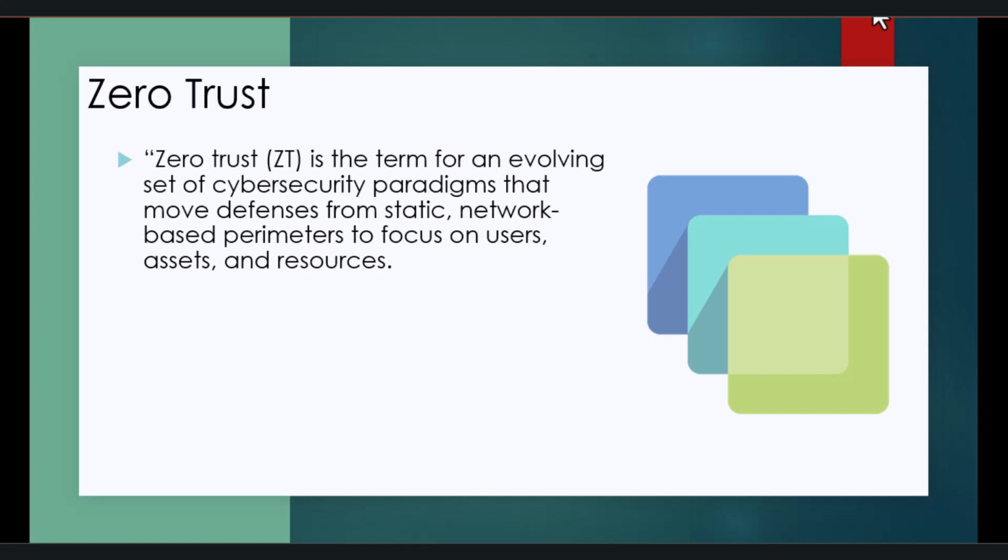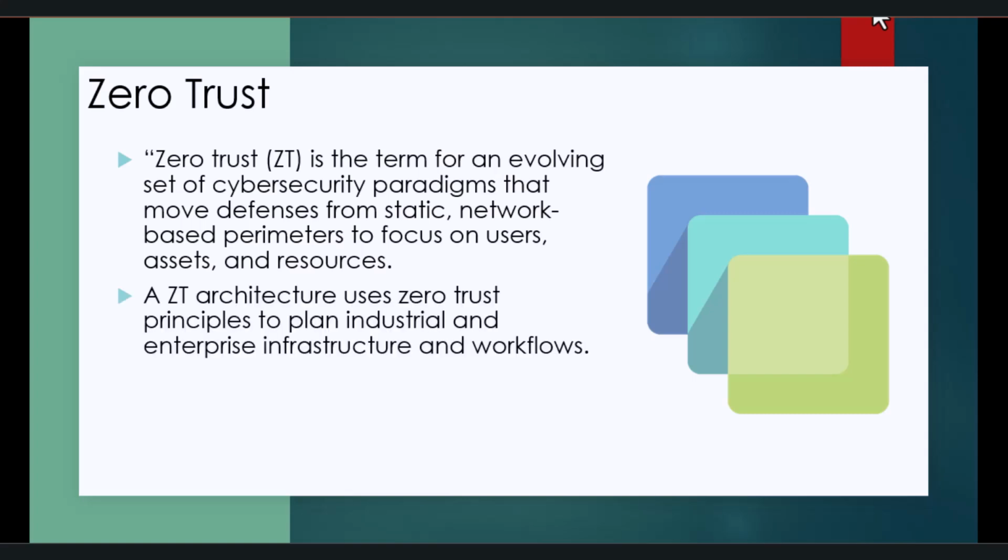For many organizations, this began with a white paper in 2010 called No More Chewy Centers. In other words, our security can't be like an M&M or a Skittle with a chewy center and a hard coating. Everything is a security perimeter. Zero Trust, by the way, was intended to be called Zero Implied Trust because that's what it is.